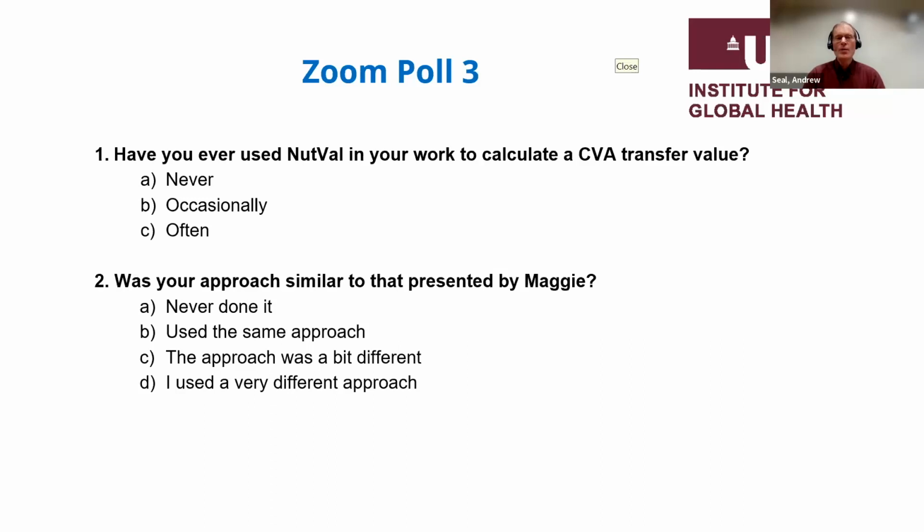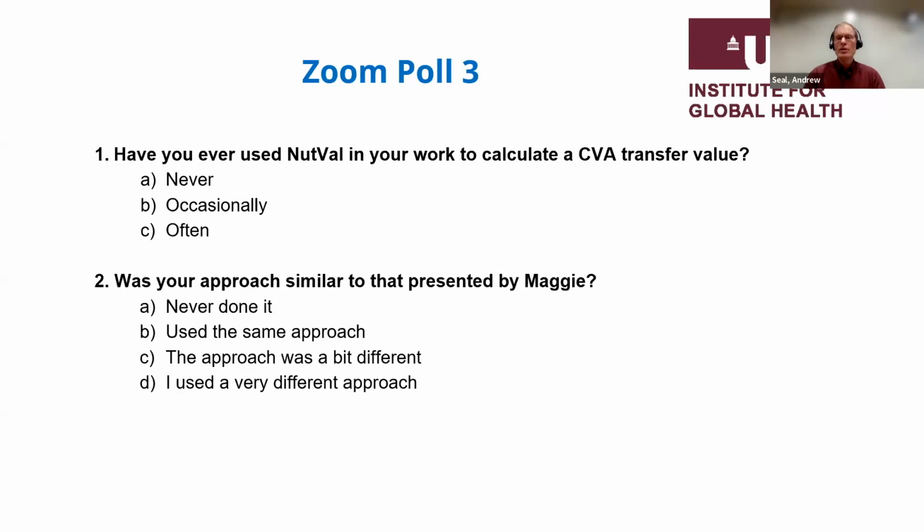Yes, someone has pointed out in the chat that unfortunately the second question isn't appearing on the poll at the moment, but I'm afraid we may have to leave that one. But the question was going to be, was the approach that you used similar to that presented by Maggie, or did you take a different approach to calculating the CVA transfer value for the nutritional component?